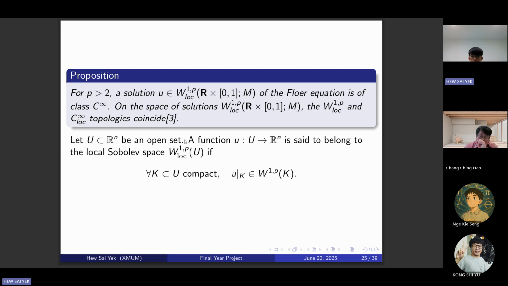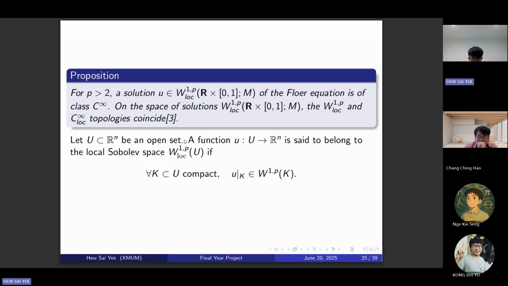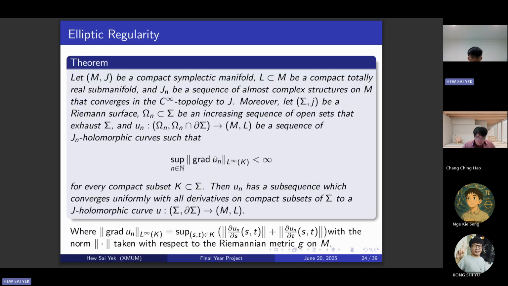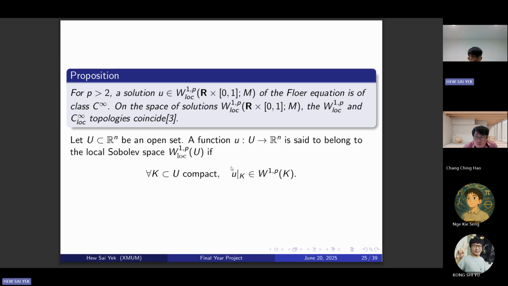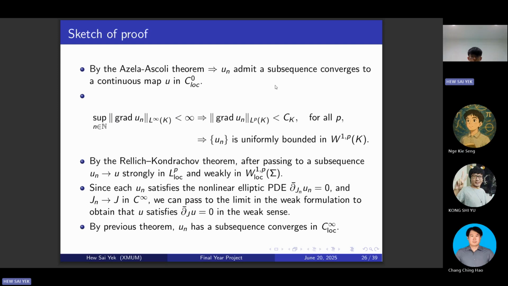We get a start of the proof of the elliptic regularity. The gradient is bounded if the map is continuous and it is bounded since M is compact. Then by the Arzelà-Ascoli theorem, u_n has a subsequence converging to a continuous map in C.